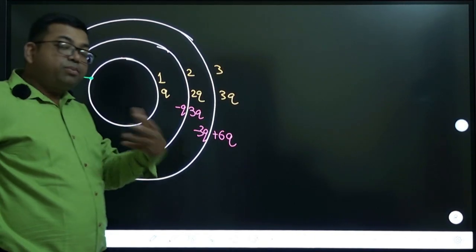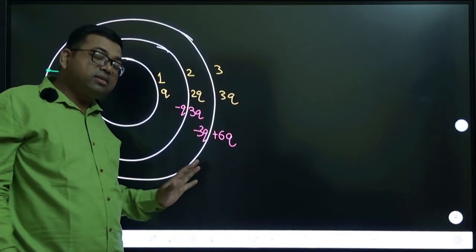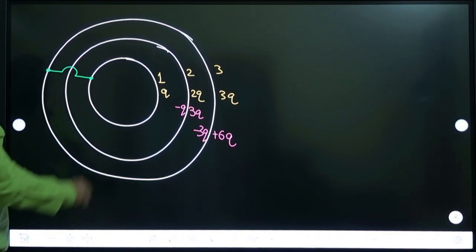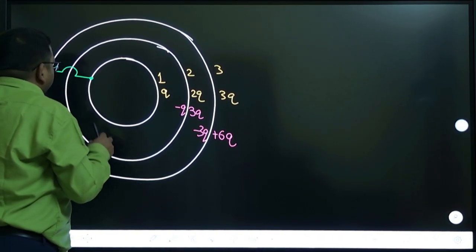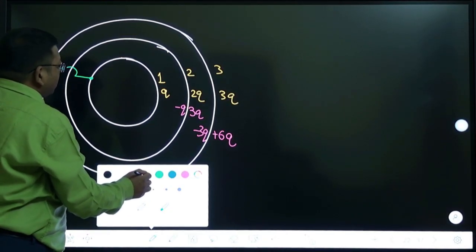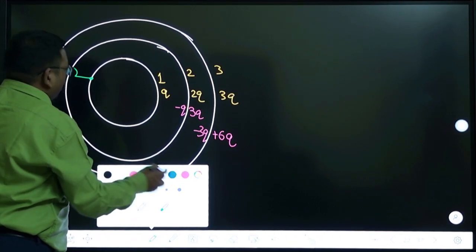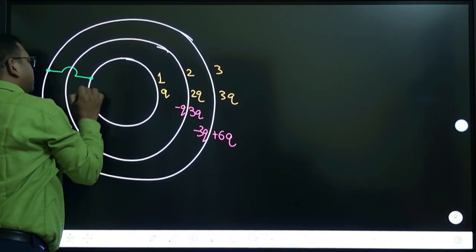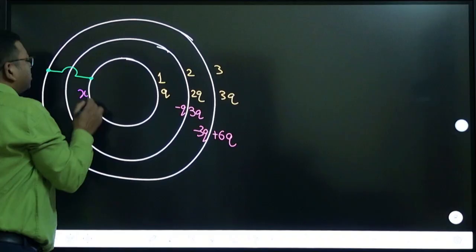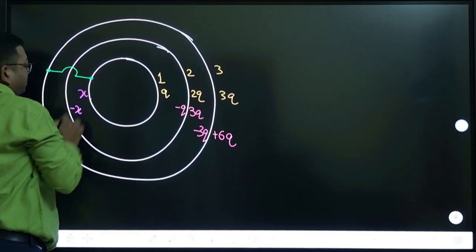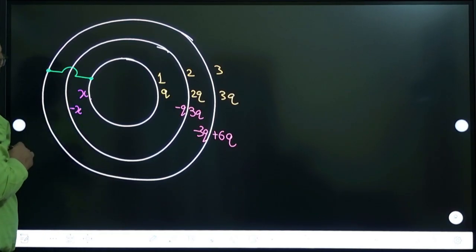But in the calculation of potential, the charge distribution is not important. Now, what will the charge distribution be? Right now you do not know the charge. Let us say that after connecting, the charge on the outer surface is x. Going by the same approach, induction will happen here and minus x will appear.